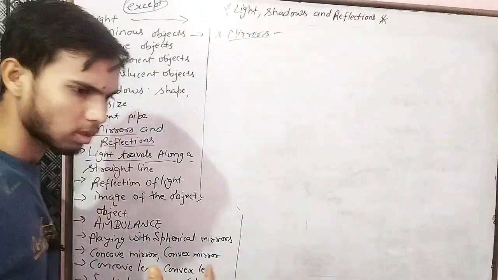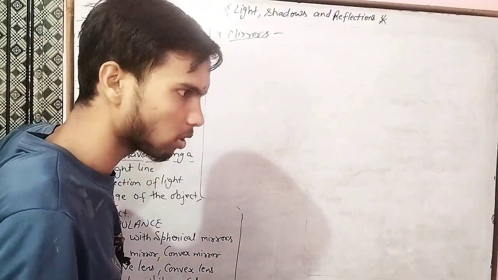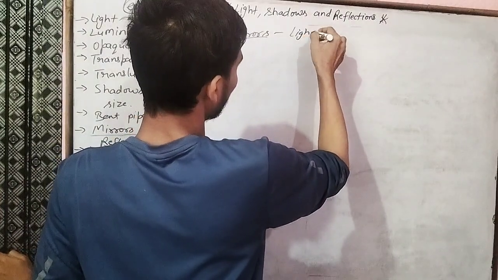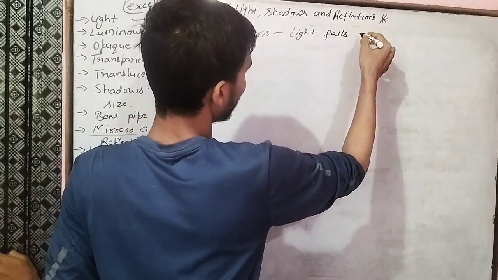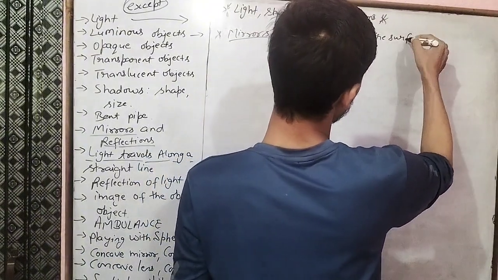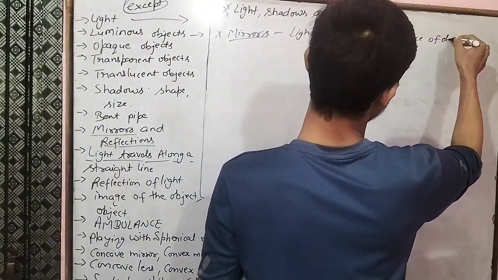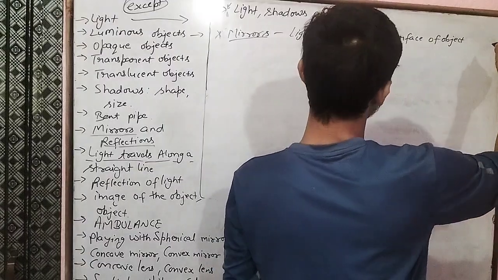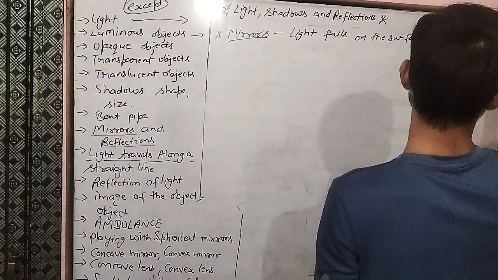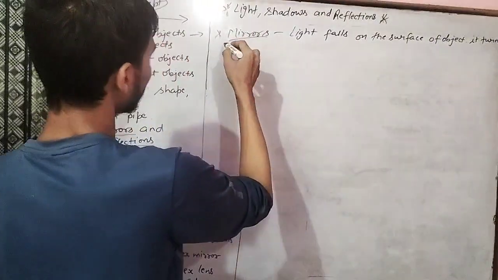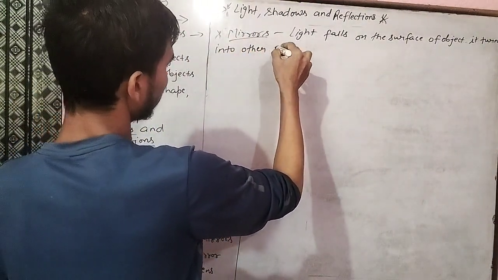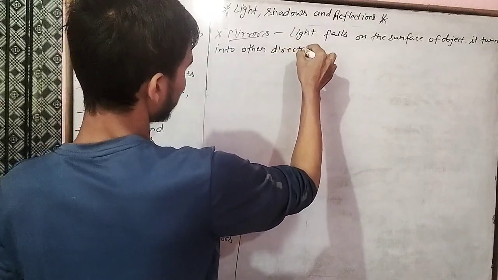Mirrors. Image formed by light: when light falls on the surface of an object, it turns into another direction.